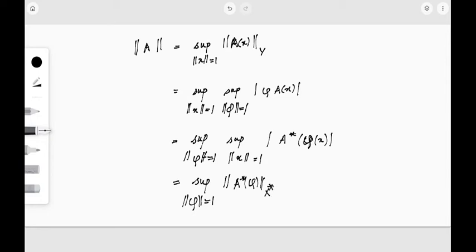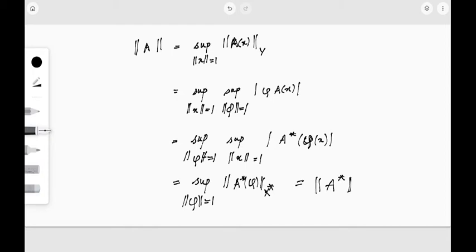This is the same, because the same process is being repeated again. So when we have supremum over norm x equal to 1 of mod A star phi of x, that is nothing but norm A star phi corresponding to the space x star. Okay, so this is supremum over norm phi equal to 1 of norm of A star phi corresponding to x star, and this is nothing but norm of A star.